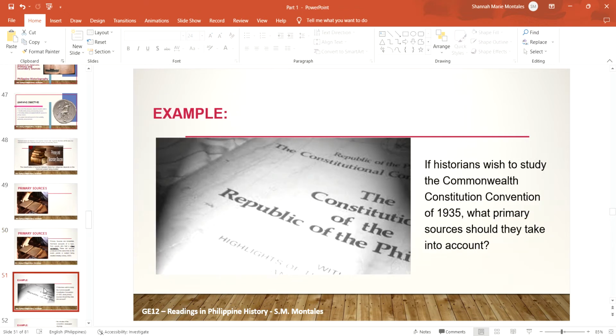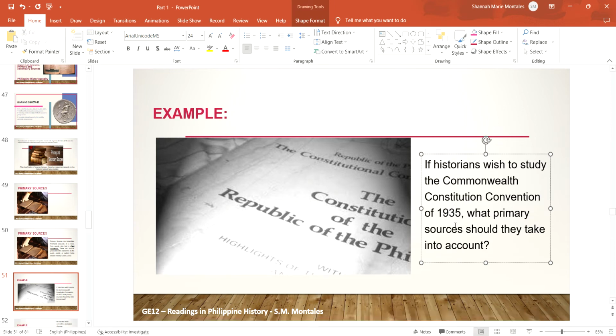I will give you an example. So if we have historians who wish to study the Commonwealth Constitution Convention of 1935, are you aware that our first published written constitution was in the Commonwealth period in 1935, our 1935 Constitution?